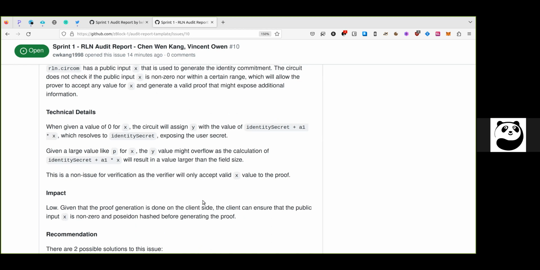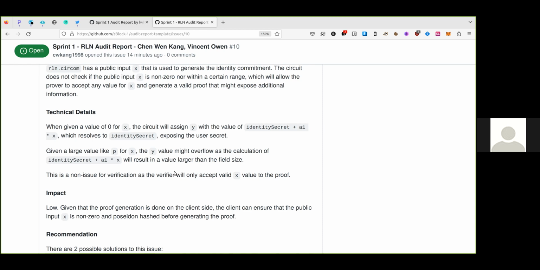But it's not being hashed in the circuits. No, but it shouldn't be hashed in the circuit. Why? I'm asking about the spec. The spec says that it should actually be hashed.